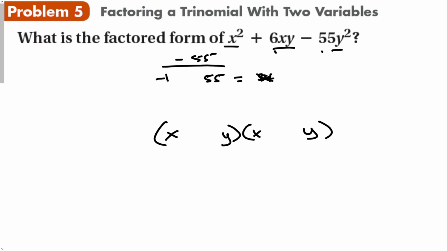Negative 5 times a positive 11 is a negative 55. Negative 5 plus a positive 11 is a positive 6. So I'm going to go x minus 5y, x plus 11y to be my answer.